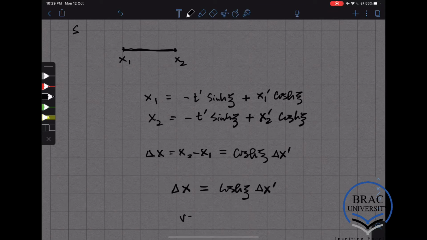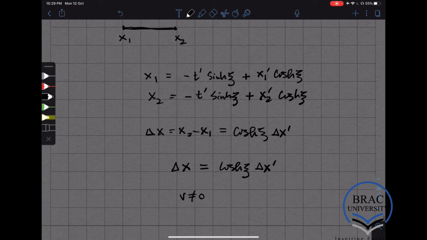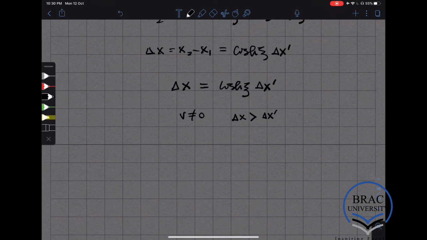For non-zero v, cosh of psi is greater than 1. We find that delta x is greater than delta x prime, because cosh of psi is greater than 1.